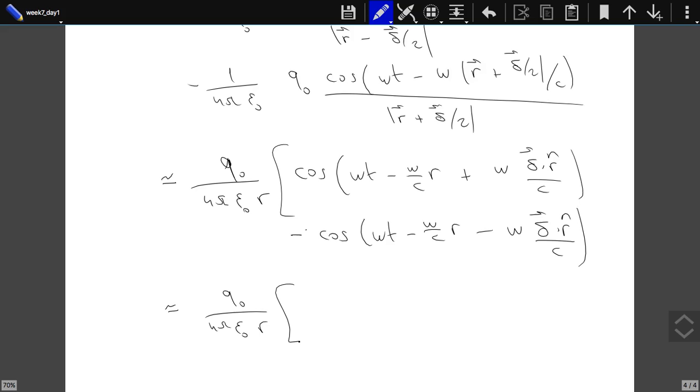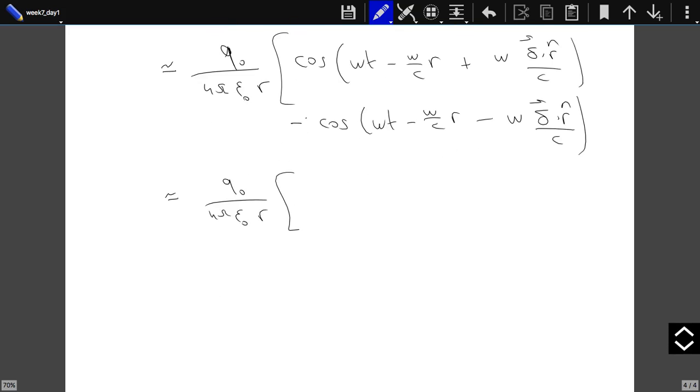Now, I will use the expansion of the cosines. This is one angle minus some other angle. Here, the same angle plus the same other angle. I will just expand them. And if you remember, cosine of a ± b is cosine a cosine b ∓ sine a sine b.